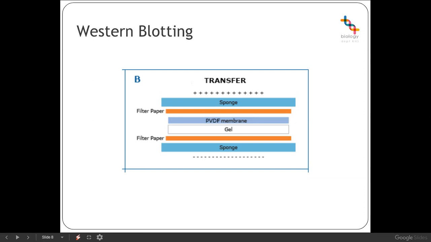We then use several different processes in order to blot, this is where Western blotting gets its name, those proteins from the gel onto a more solid medium. Essentially that's just more convenient for further study. It can be stored and managed a little bit easier rather than a more fragile gel.